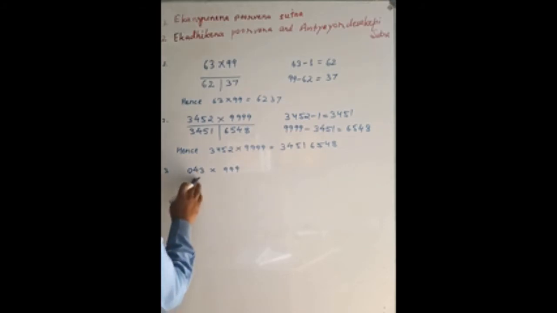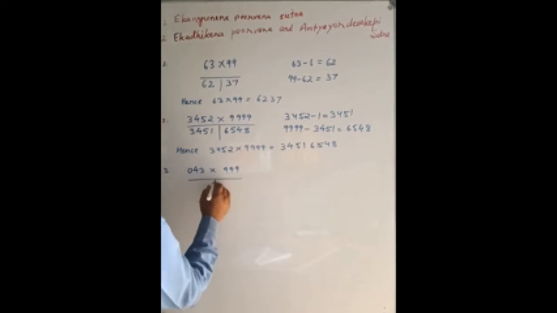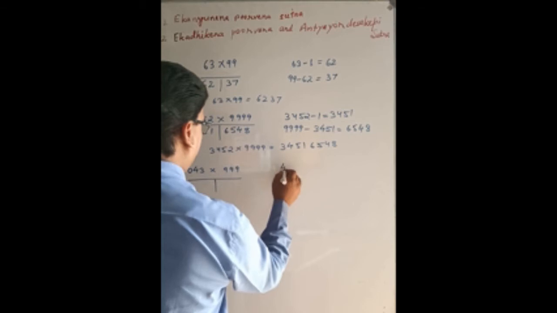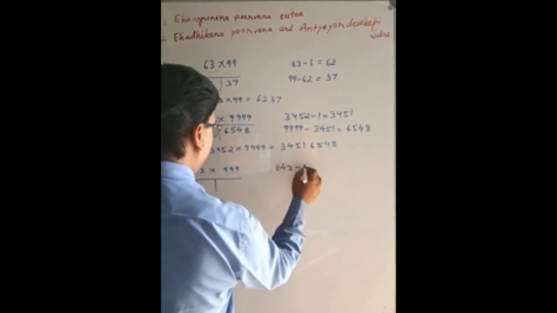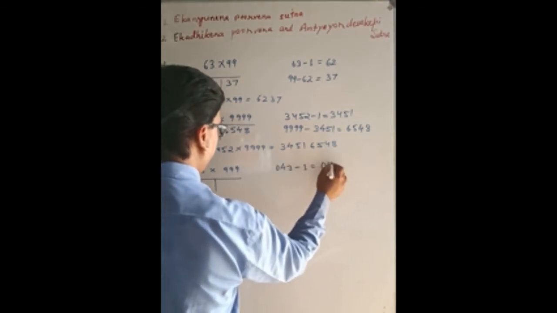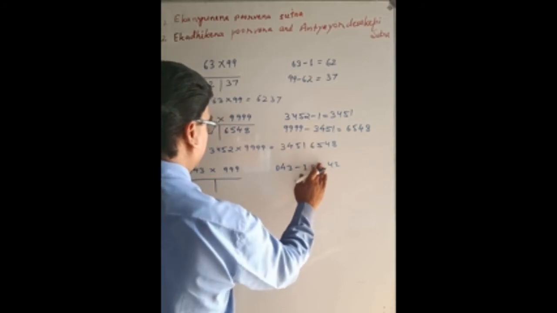We put 0 on the left side of 43. Both numbers have the same number of digits, 043 and 999. Now the left part is 43 minus 1, we get 42.